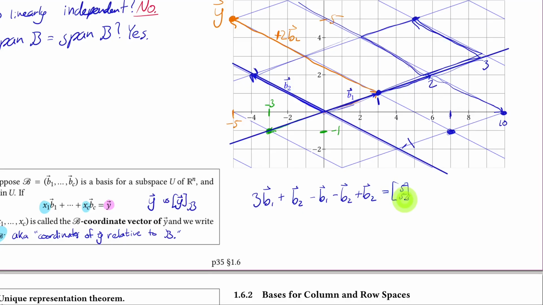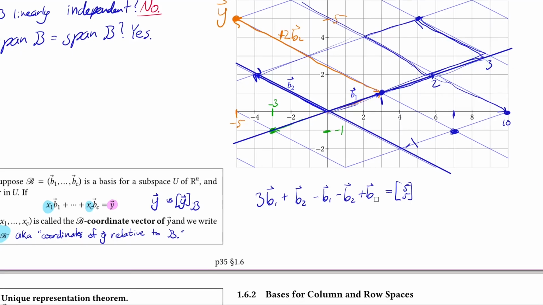What I just traced out was doing 3B1 plus B2 minus B1 minus B2 plus B1 and plus B2. And that's all going to simplify, if you combine the like terms, to just 3B1 plus B2.